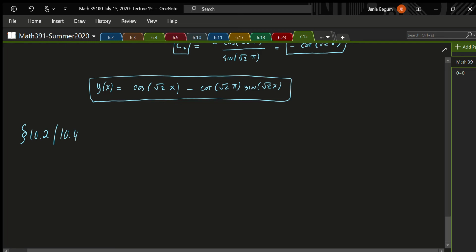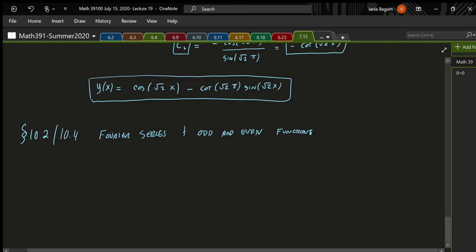So 10.2 is Fourier series, and 10.4 is odd and even functions.